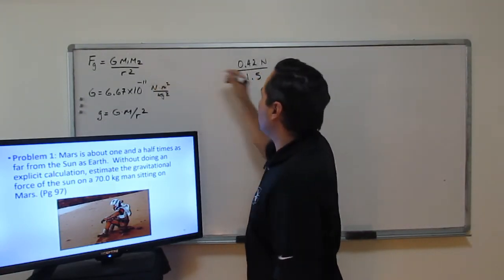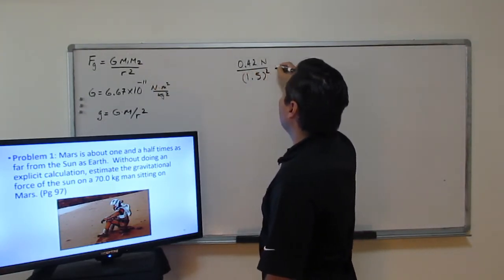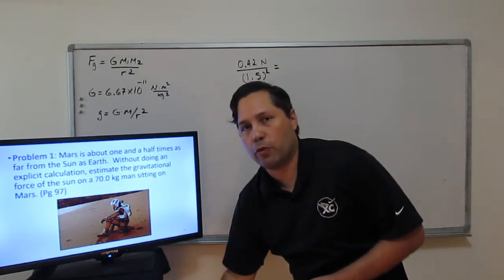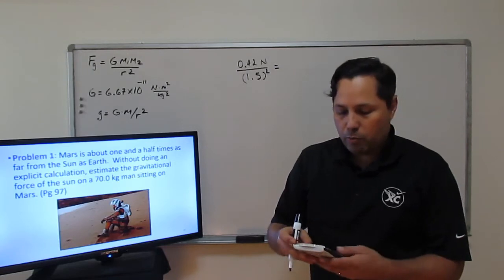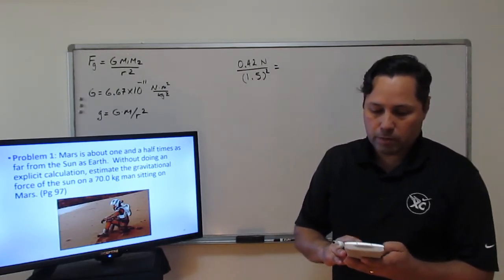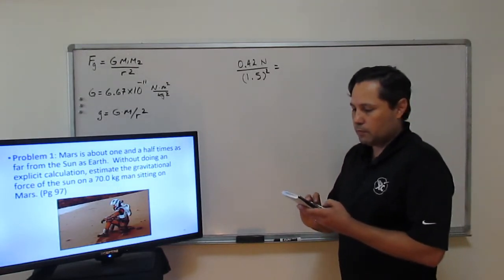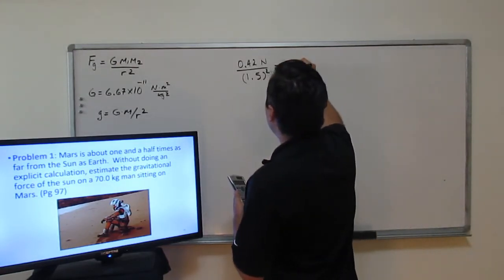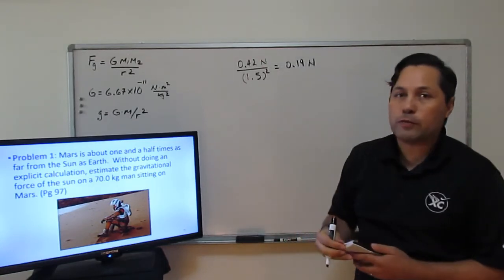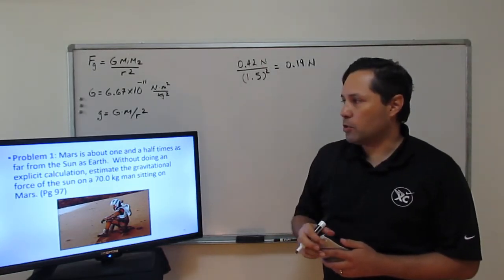Don't forget that the radius, though, it's squared. So when we do that, we're going to go ahead and get this number, get my calculator, 0.42 divided by 1.5 squared, and that's going to go ahead and give us our answer. So we're going to round it off to 1.9 newtons. That will be the amount of force felt by the man on Mars.